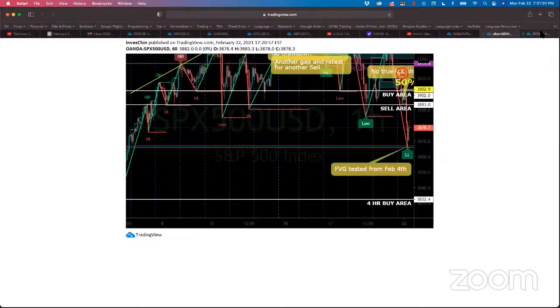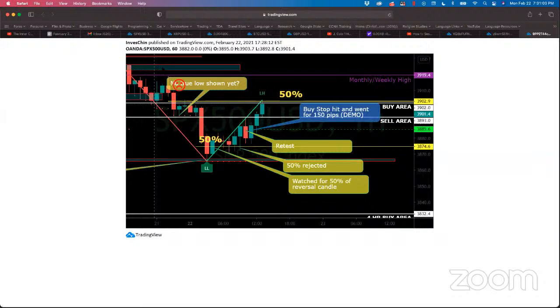Then later on in the day, that same area is right here. So let's draw a line. Even if we just use this candle right here and this level right here, it never broke this. That's no buy. It broke right here.